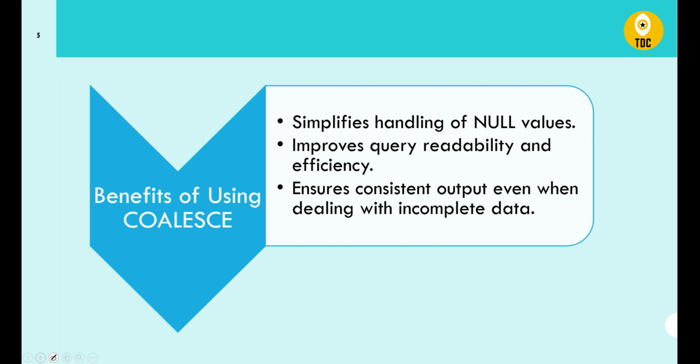and also ensures the consistent output even when dealing with incomplete data. So what that means is, suppose you have a sales table coming in from different countries, so there might be 10 different sales tables coming from 10 different countries, and one country is considering a product discount as 10, and if there is no value, another country is considering it as null, and another country is considering it as 0, right?